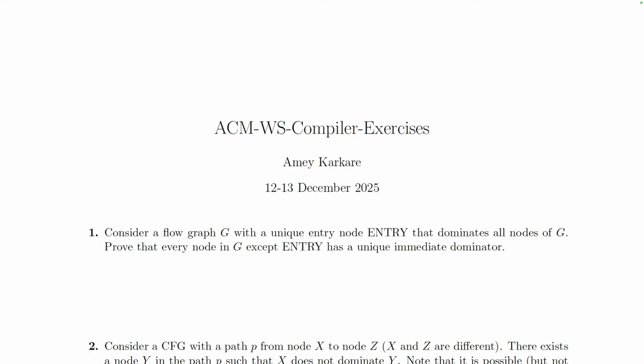So given two dominators D1 and D2 of a node X, can you prove some property? D1 could be equal to D2. Is it always the true case? No, right? There can be multiple dominators. No, not immediate. I'm just talking about dominators now.